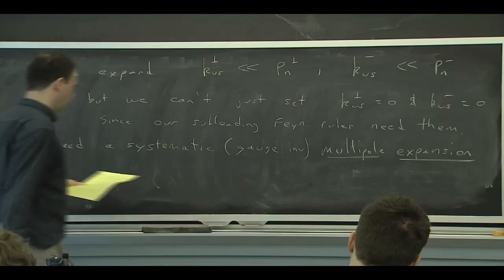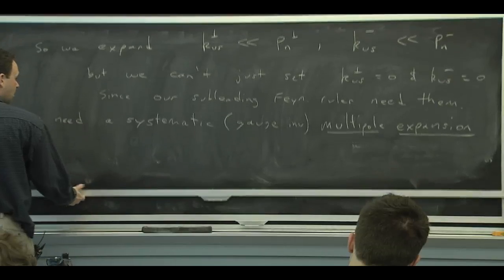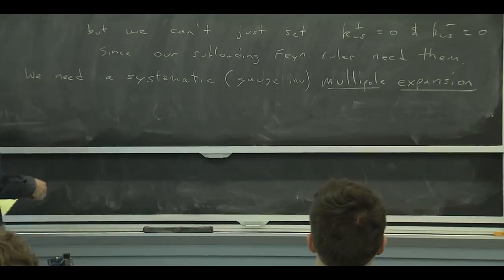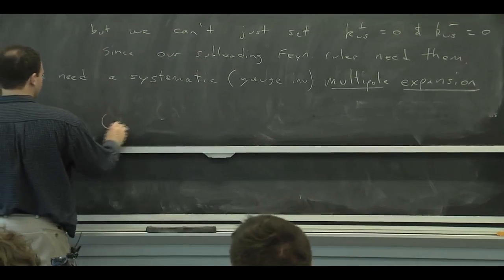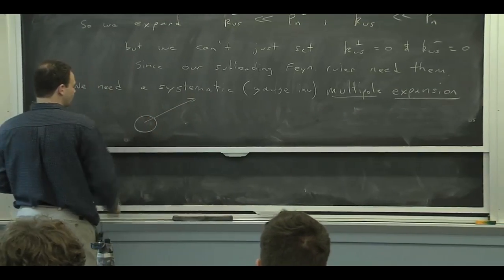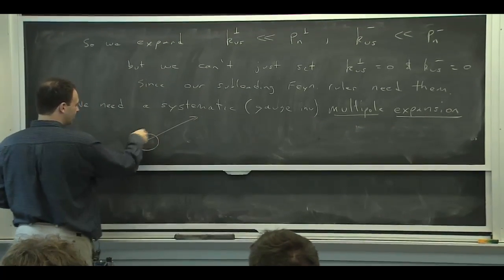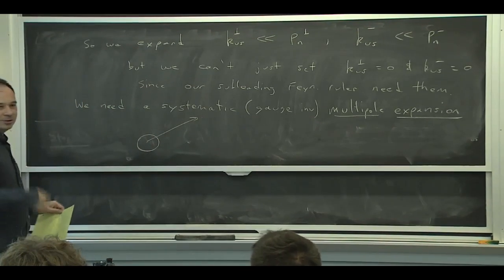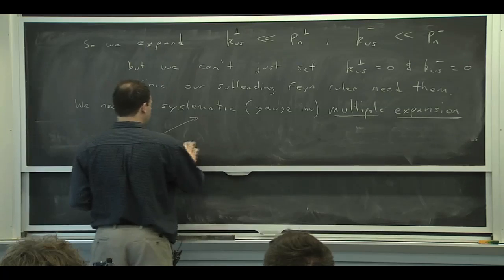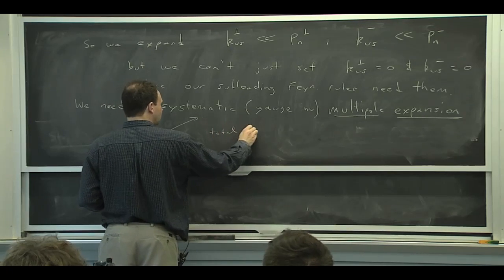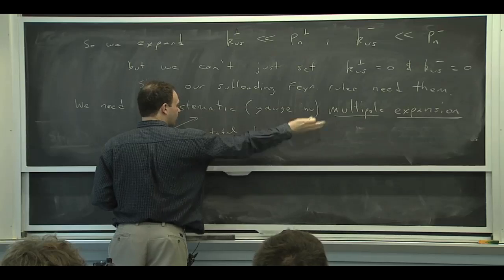So let me remind you of some things about a multipole expansion. Well, multipole expansion you see in electromagnetism, remember? You look at a charge distribution far away, you see the total integral over that charge distribution, and then the dipole. That's the usual thing that you think of when you think of the words multipole expansion.